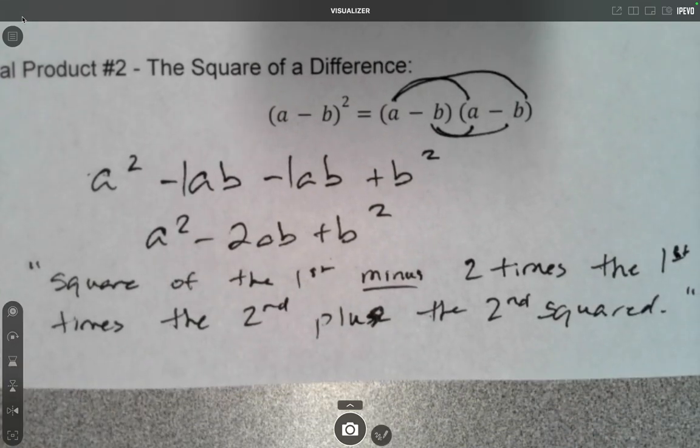So it's the square of the first minus 2 times the first times the second plus the second squared.